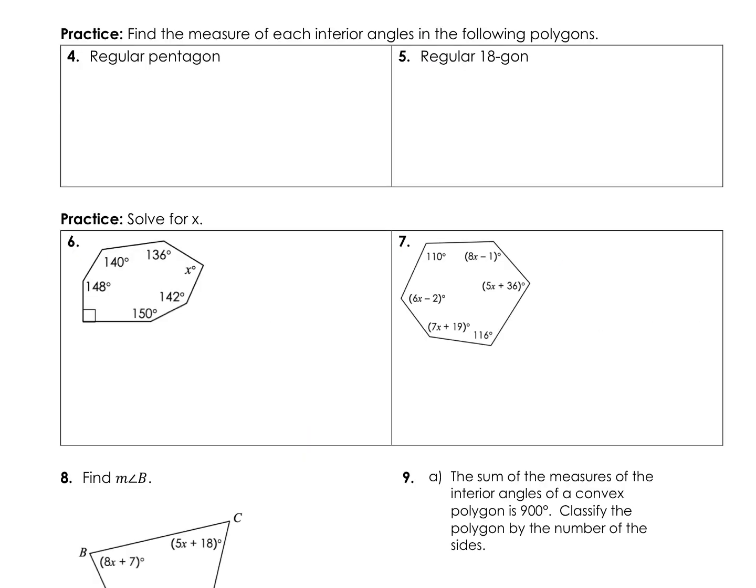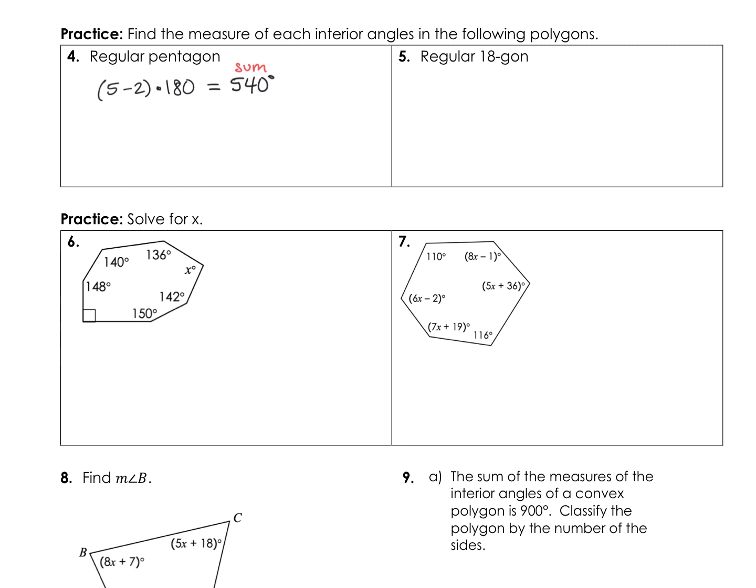To figure out my sum, I know there'd be 2 less triangles. So 5 minus 2 times 180. Well, 5 minus 2 is 3, so you're just doing 3 times 180, 540. That's the sum of the interior angles.